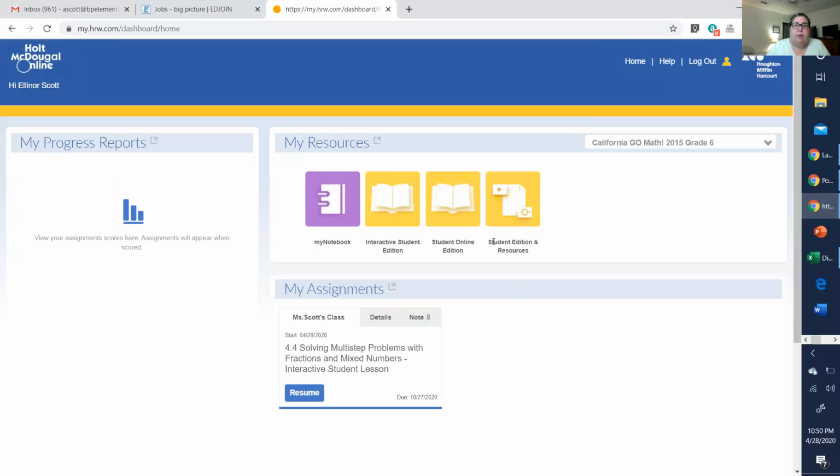Okay, so this is the page it brings you to, and it shows some stuff up here that you could use for your own stuff. But what you need to know is that you have an assignment right here. It's 4.4, solving multi-step problems with fractions and mixed numbers. This is at the very tail end of our fractions unit.